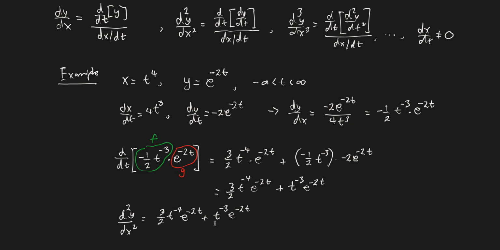So we have the derivative of dy/dx, which we just wrote down, and now we're going to divide it by what we had earlier as dx/dt, which is 4t cubed.